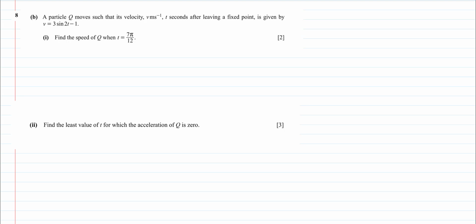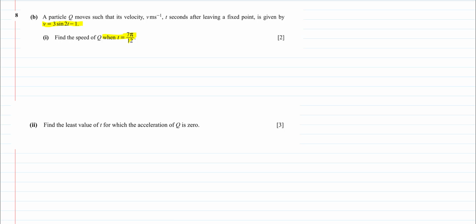Question 8b, part 1. We're told this particle Q has velocity 3 times sine of 2t minus 1, and we need to find the speed of Q when t is equal to 7 pi over 12. So we'll just plug 7 pi over 12 into our equation.